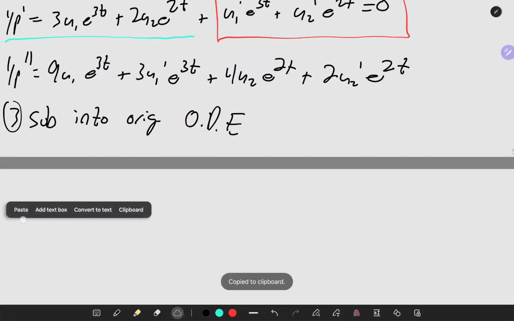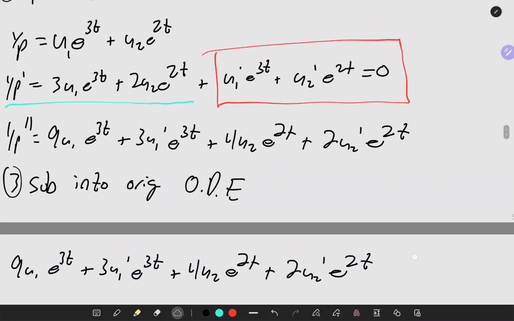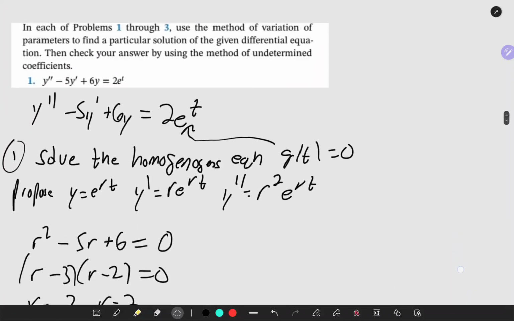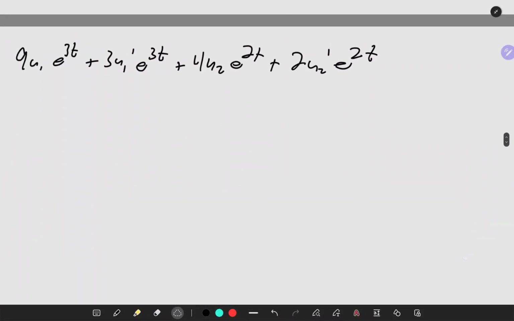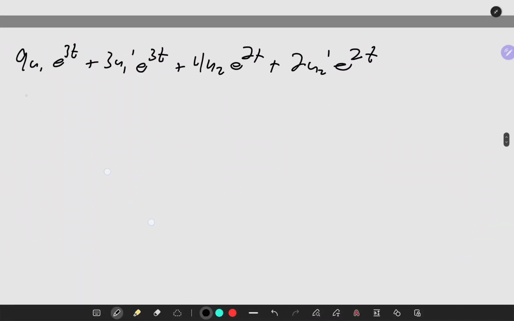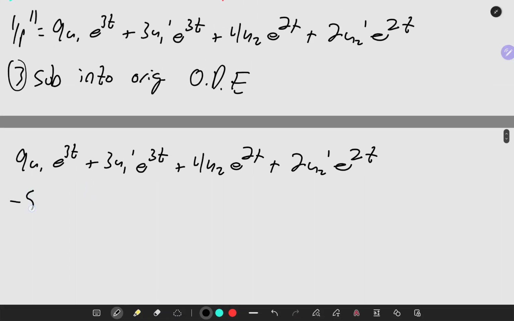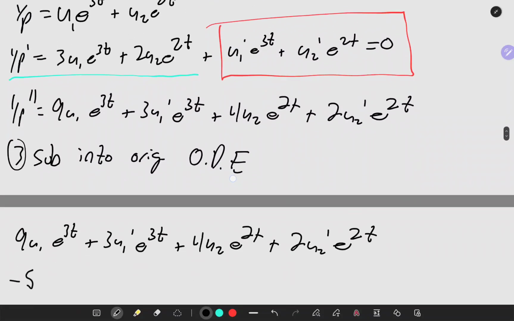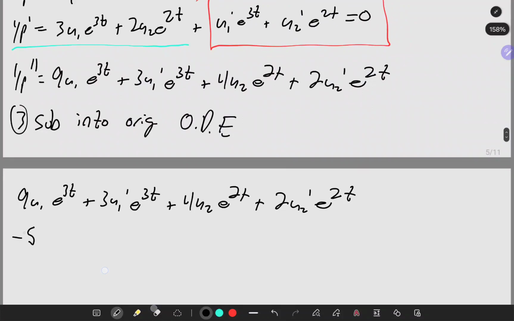So we have y double prime, minus 5y prime, so that's minus 5 times 3, which is 15, u1 e to the 3t plus 10 u2 e to the 2t.